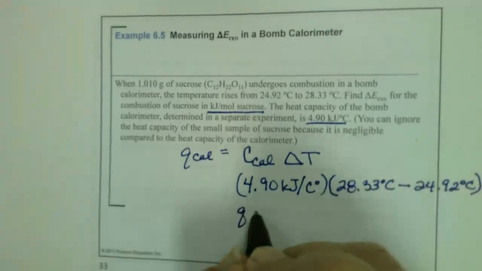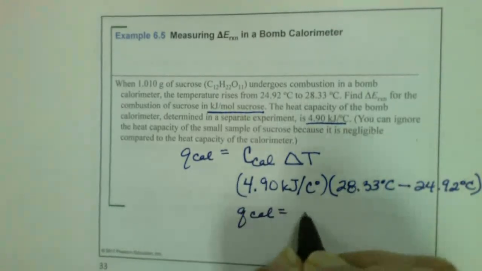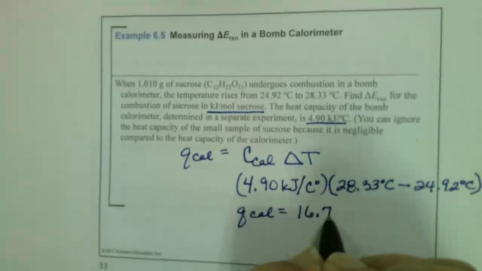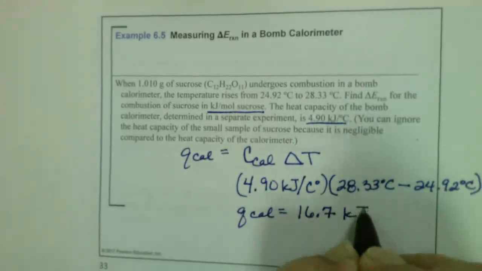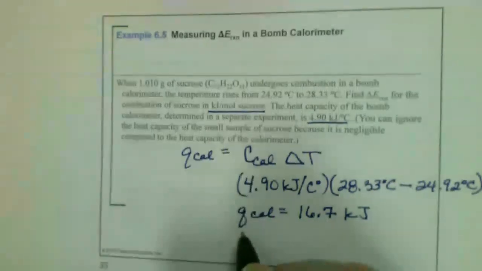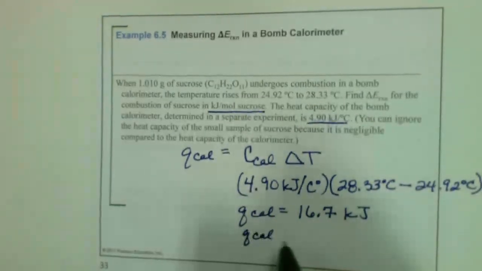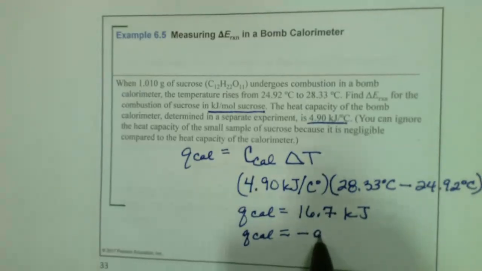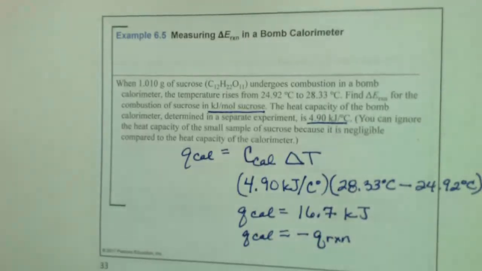So the Q of the calorimeter is equal to 16.7 kilojoules. That calorimeter heated up, absorbed that much heat. Well, the Q of the calorimeter, the heat that the calorimeter takes in, has to be equal to the heat that the reaction gave off. We just combusted sugar, okay?